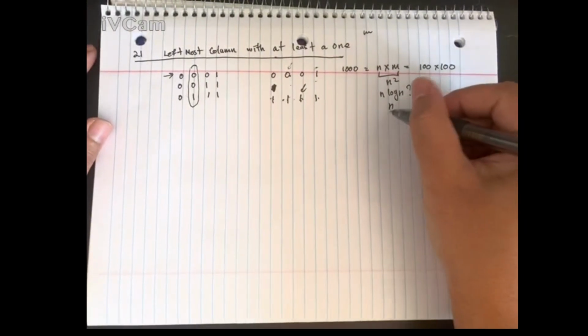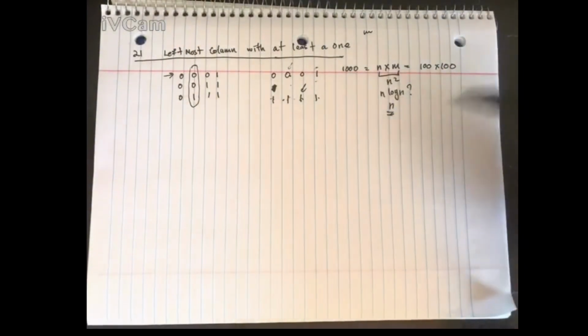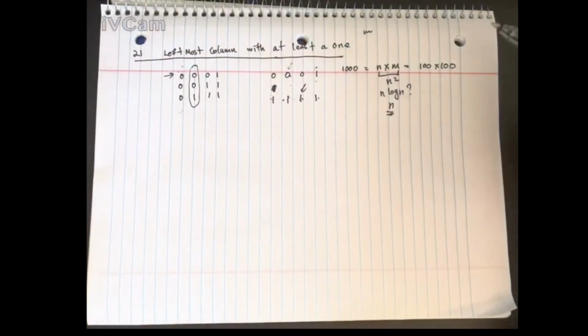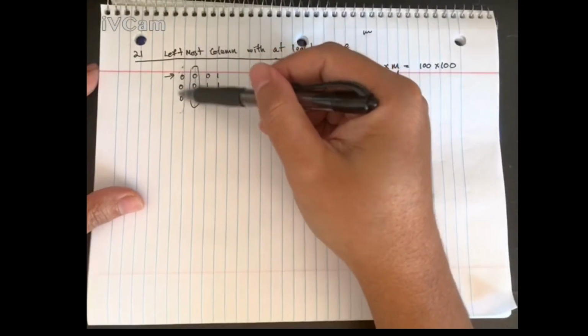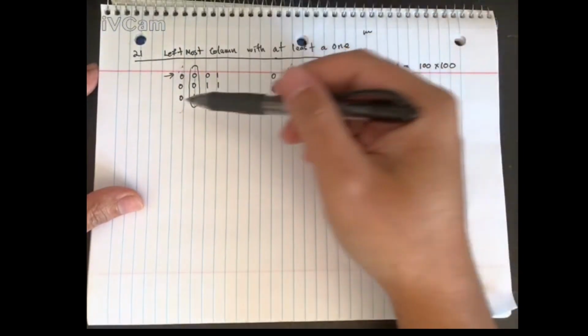To solve this problem in n, I don't think it's possible. And the reason that it's not possible is we can check one column, right? And let's say that we check this first column, and we didn't find 1, so we cannot stop there.